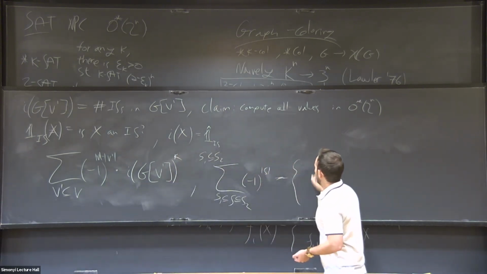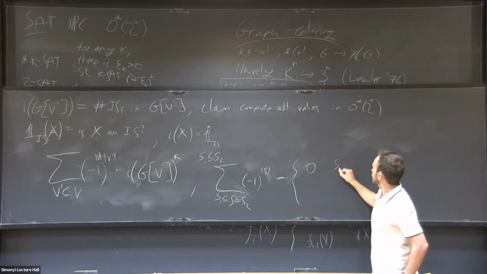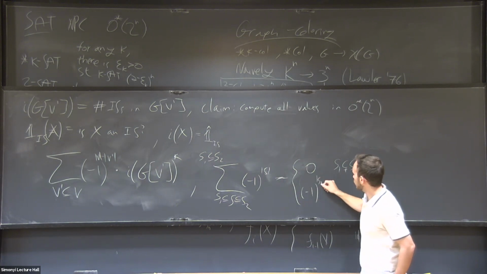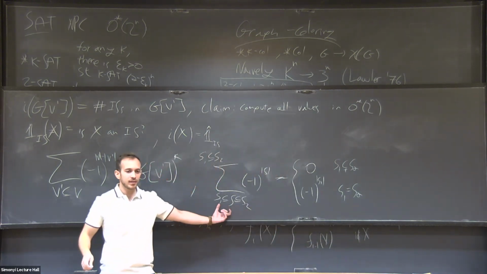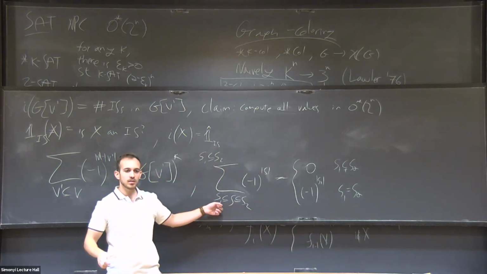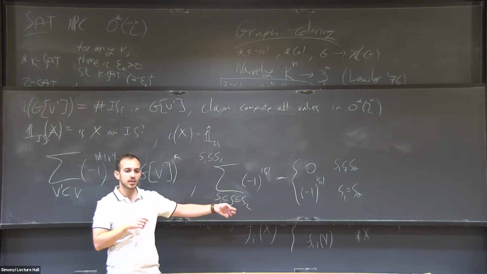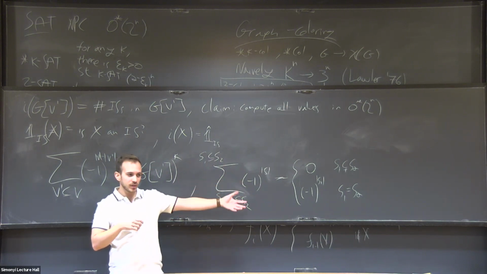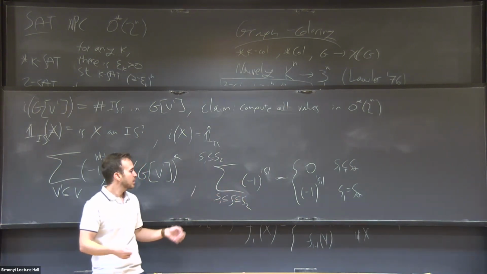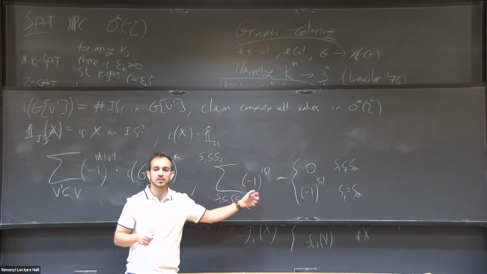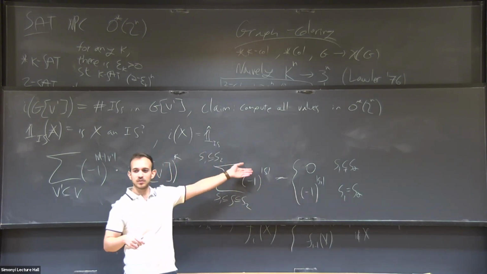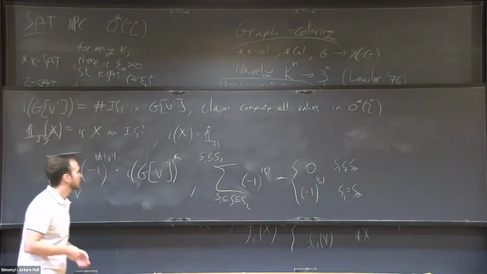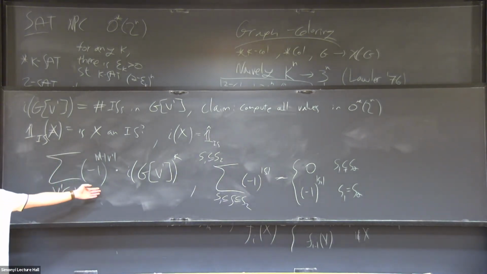This is going to be either 0 if S1 is not exactly S2, or the sign of S1 or S2 if they are equal. Why is that? Because if there is anything in S1 minus S2, then there is a bijection between odd things and even things. I take all sets with that thing and all sets without that thing. There is a bijection between them, so every odd and even thing will cancel each other. If the two sets are the same, then this is just one thing, and I sum just over the sign of that one thing. So what am I going to see here?